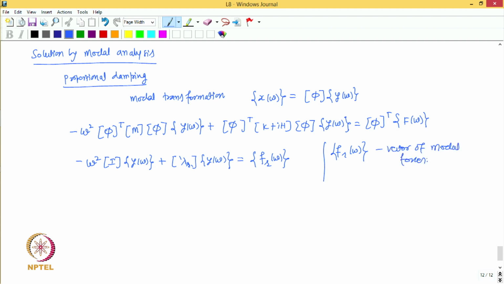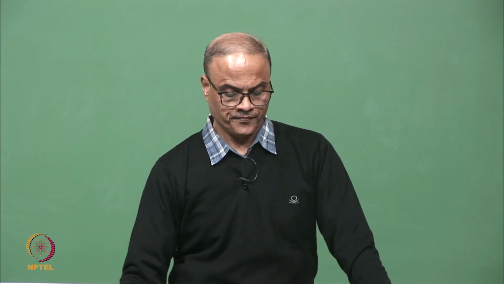Right. So, now as we saw in case of undamped systems in the previous lecture, this is again an equation which is decoupled. These are decoupled sets of equations, while the equations we wrote in the frequency domain using the k, h and m matrix were coupled equations.